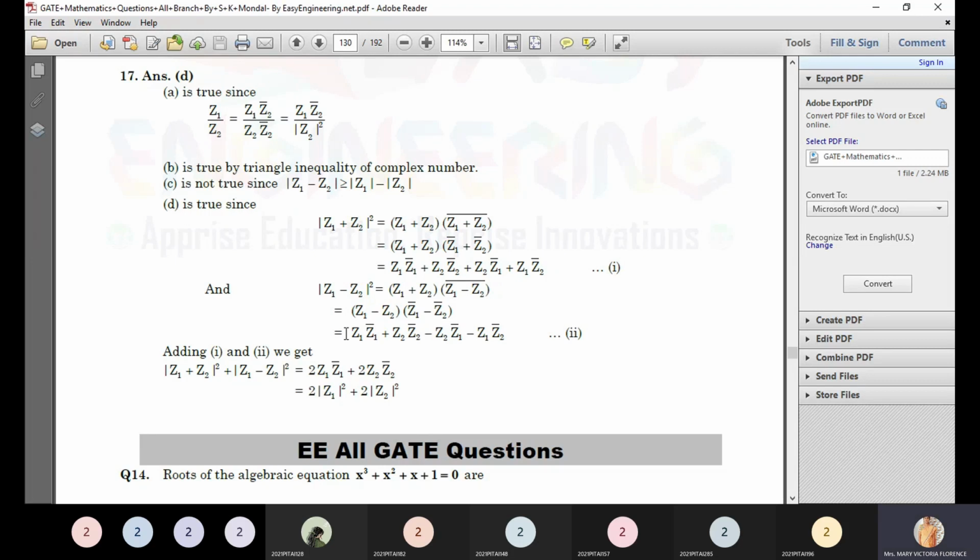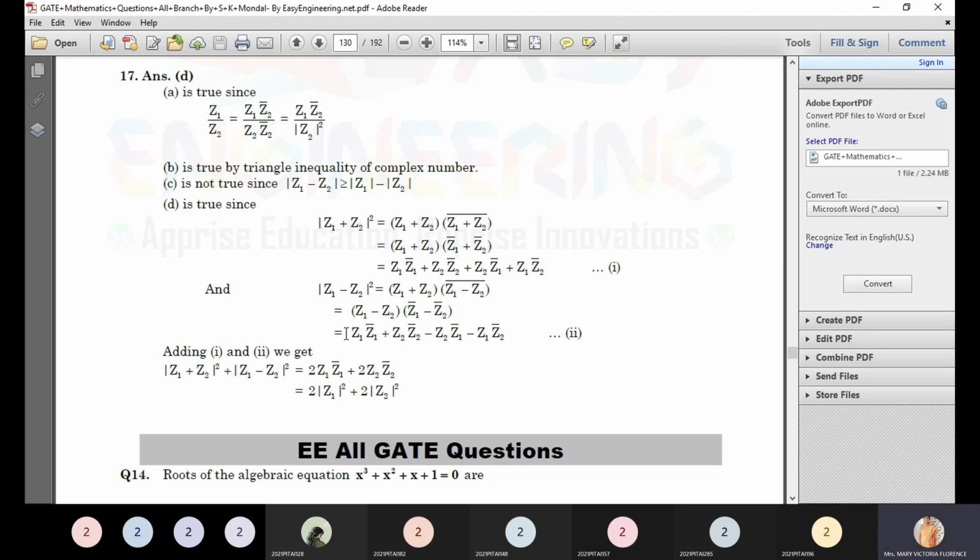So z1 plus z2 into z1 plus z2 the whole bar, so z1 plus z2 into z1 bar plus z2 bar. We will multiply this: z1 z1 bar plus z1 z2 bar plus z2 z1 bar plus z2 z2 bar. Again, mod z1 minus z2 the whole square is z1 minus z2 into z1 minus z2 the whole bar.